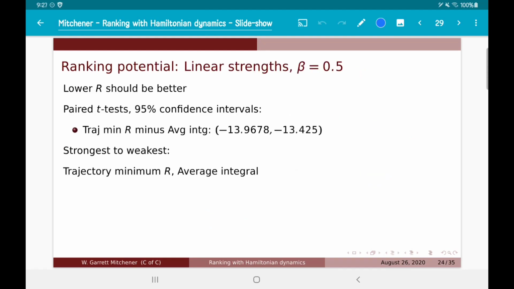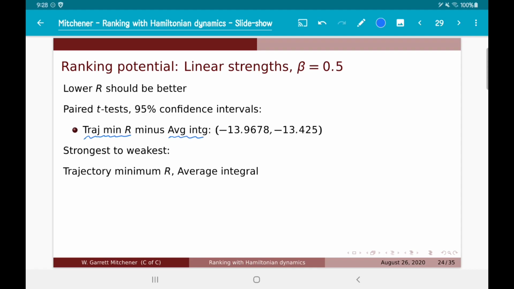So here are the results. First I'm going to show you the ranking potential. Lower ranking potential should be better. Again, 10,000 random samples, linear equally spaced strengths, and I set beta equal to 0.5 for this round of tests. So there are some upsets. You take the ranking potential that comes from finding the point on the trajectory that minimizes r, and compare that to the position vector that comes from the average integral over the trajectory.